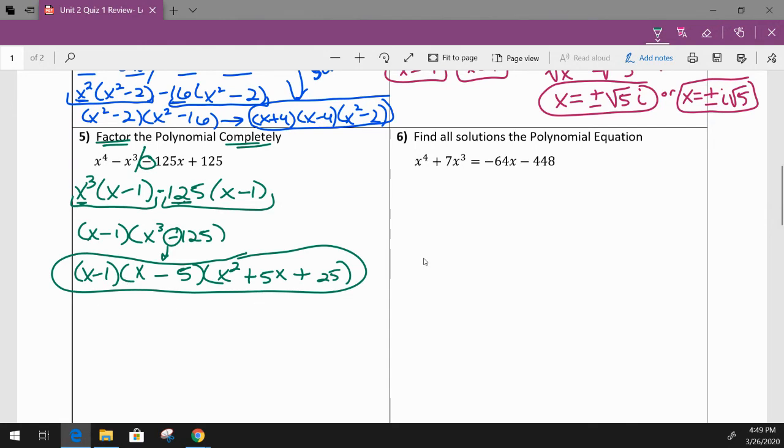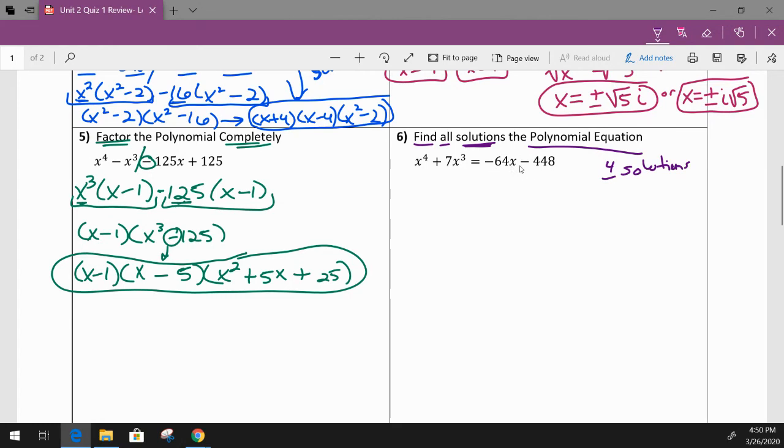Number 6, now we are solving. Find all solutions to the polynomial equation. So again, if I look at my degree, I've got 4 as the highest degree, so there should be 4 solutions. But before I find those solutions, I do have to get this equation equal to 0.